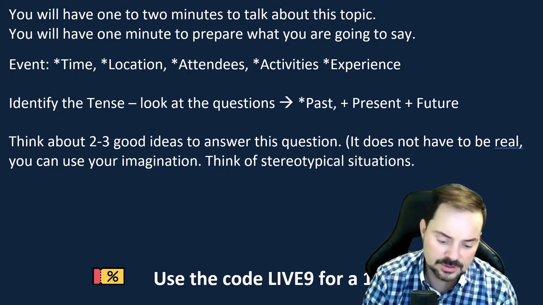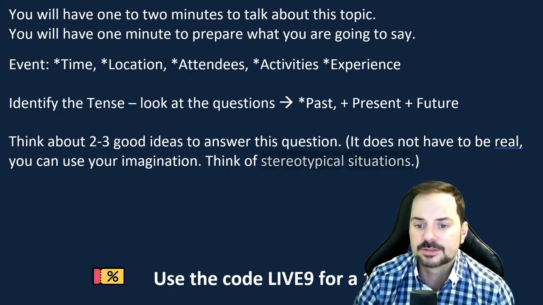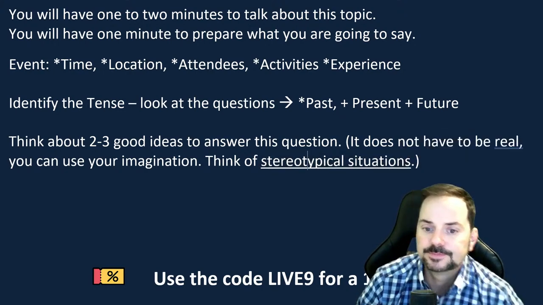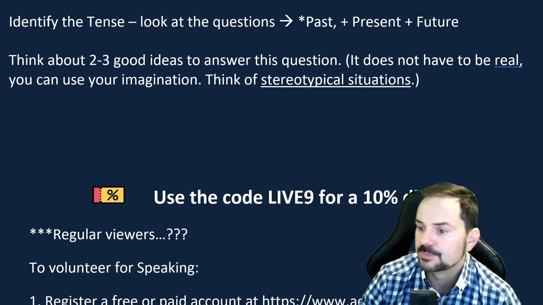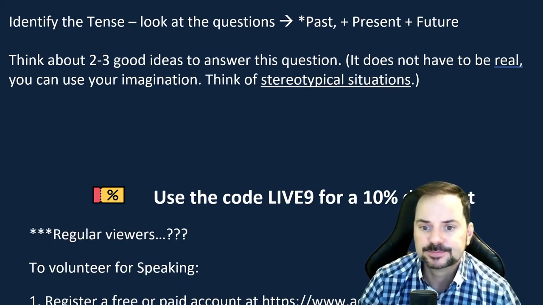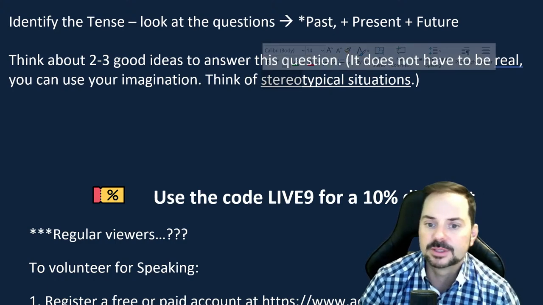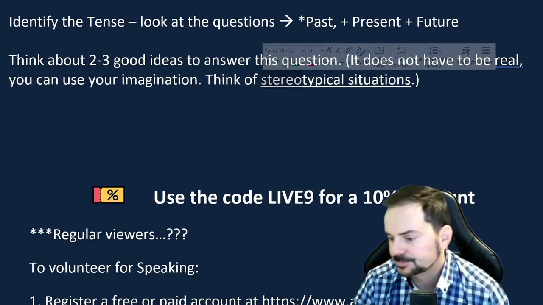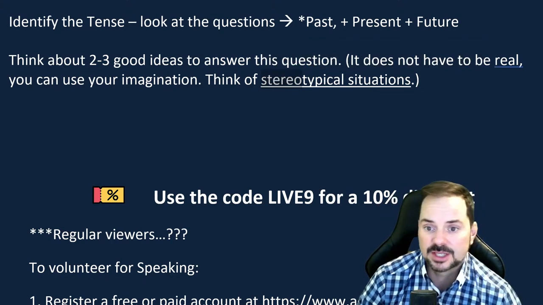Think of stereotypical situations. What does that mean, stereotypical situations? Anybody? So what does that mean, viewers, members? To have a stereotypical situation. You can also think about it as typical situation. You don't need the stereotype part, but stereotypical. What is a stereotypical situation in this case?